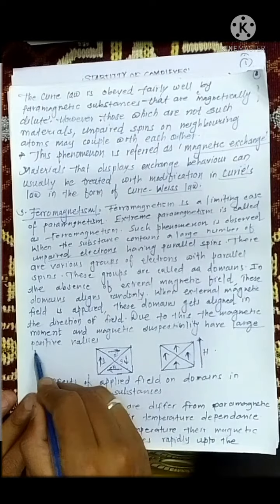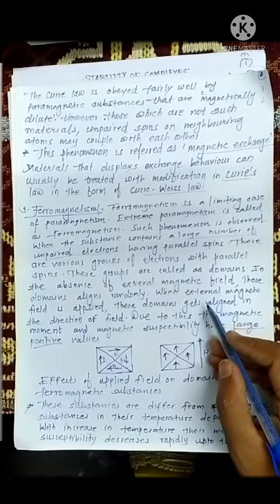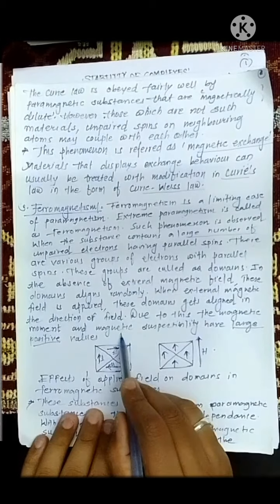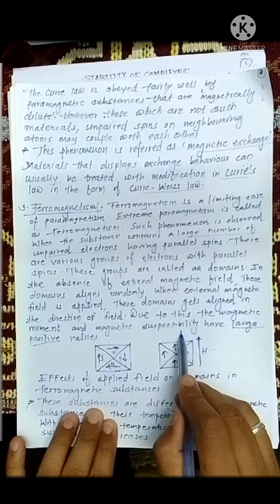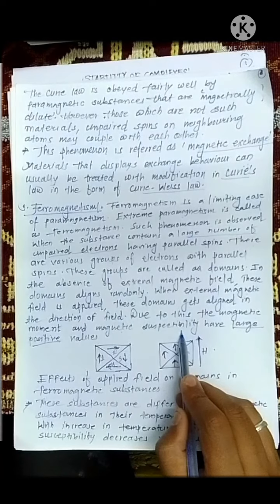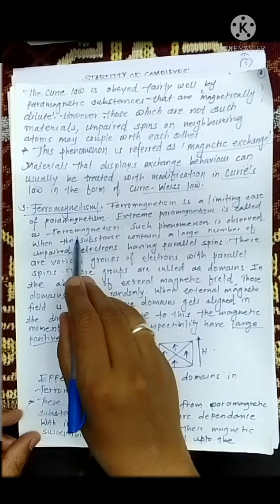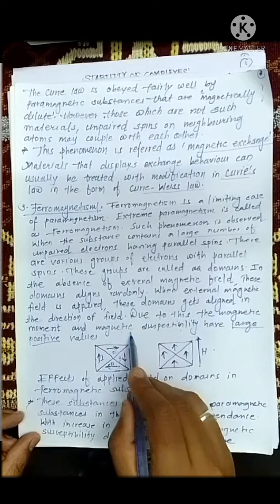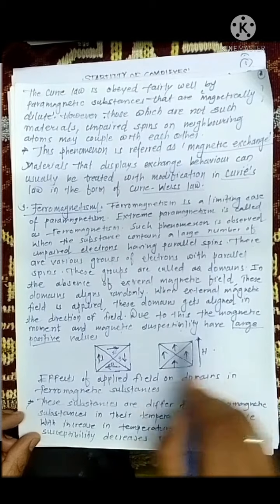It is important: in the case of diamagnetic substances, the magnetic susceptibility value is negative. In paramagnetic substances, it is positive but small. But in the case of ferromagnetic substances, the magnetic susceptibility value is large and positive.